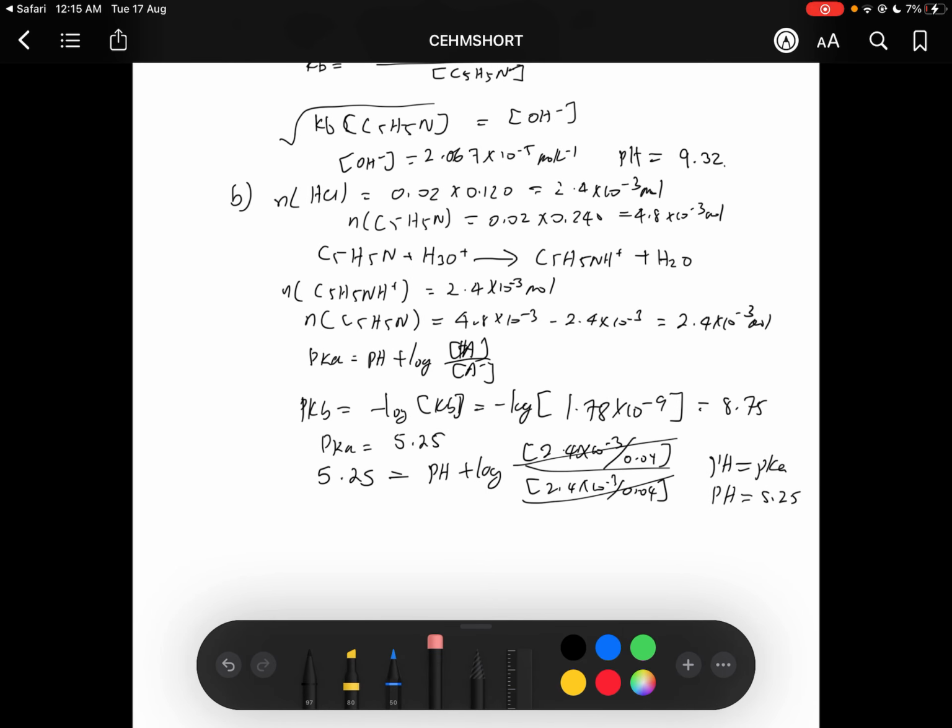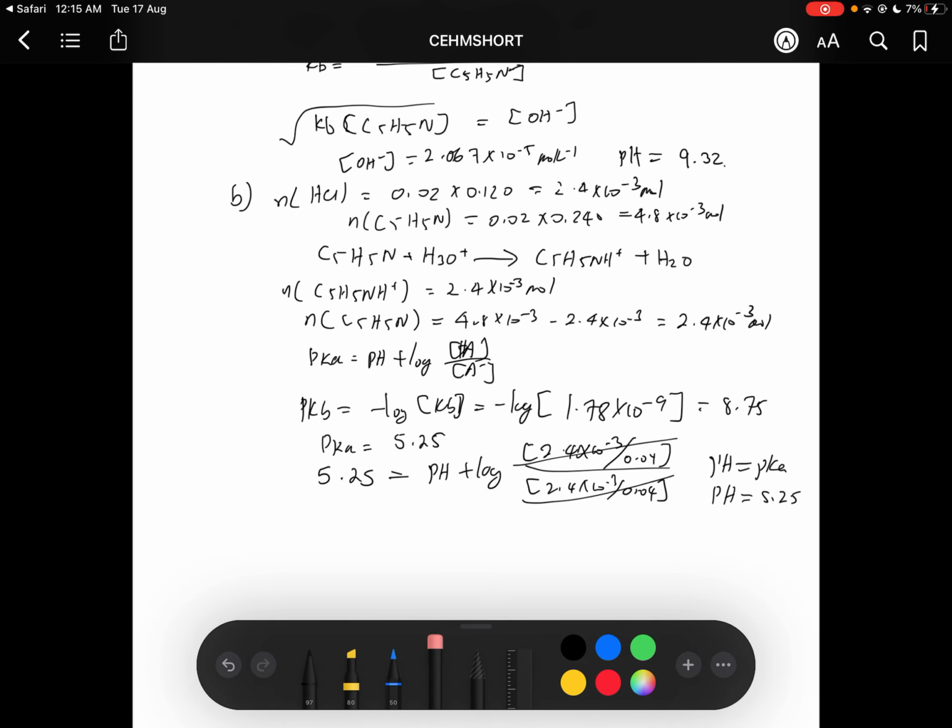So therefore we can say that 5.623 times 10 to the power negative 6 multiplied by the concentration of C5H5NH+. We do need to find that. Okay, so at the equivalence point, in total we have 4.8 times 10 to the power negative 3 moles of C5H5N.